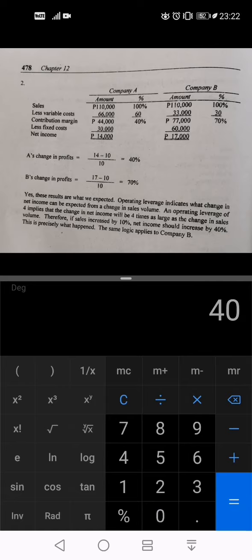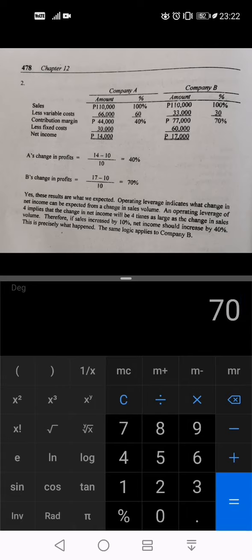There you get 40%. Same with company B: change in profits, 17 less 10 equals 7, divided by 10, times 100.